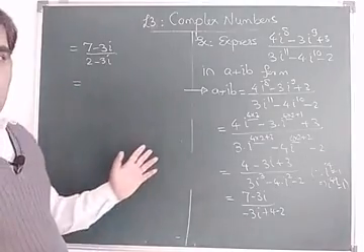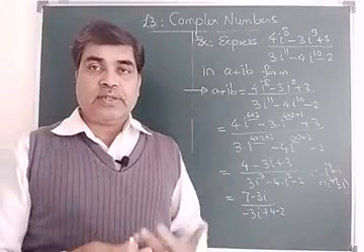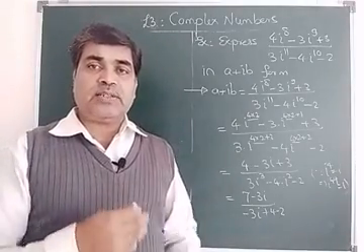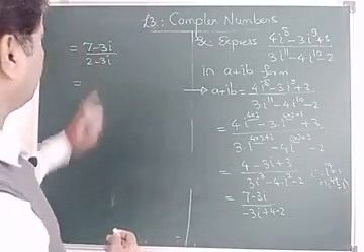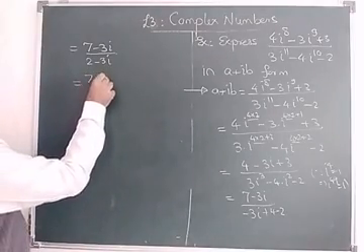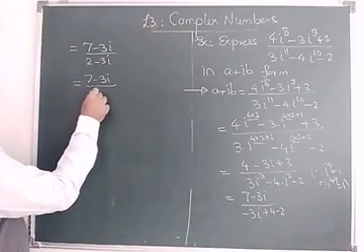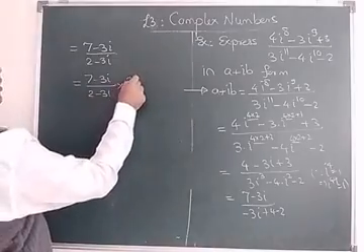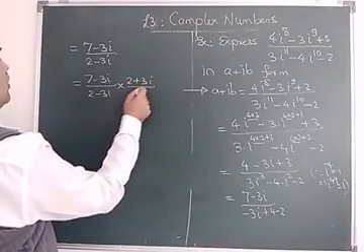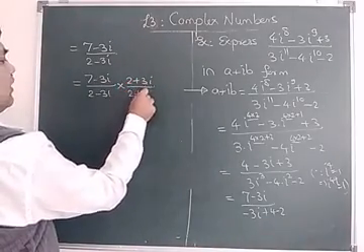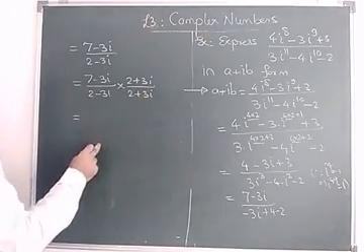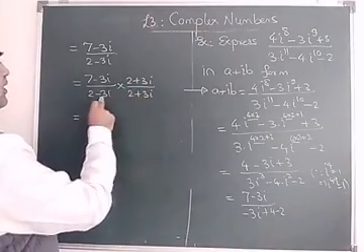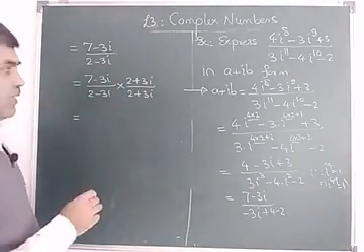Then the denominator never contains an iota term. So we'll multiply the numerator and denominator by the complex conjugate of the denominator. So this is 7 minus 3i upon 2 minus 3i into 2 plus 3i upon 2 plus 3i. Now z into z bar is a square plus b square.